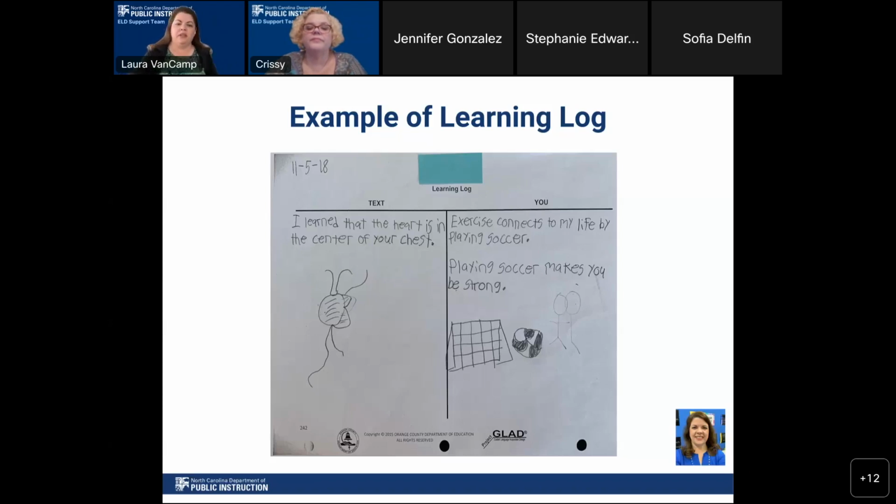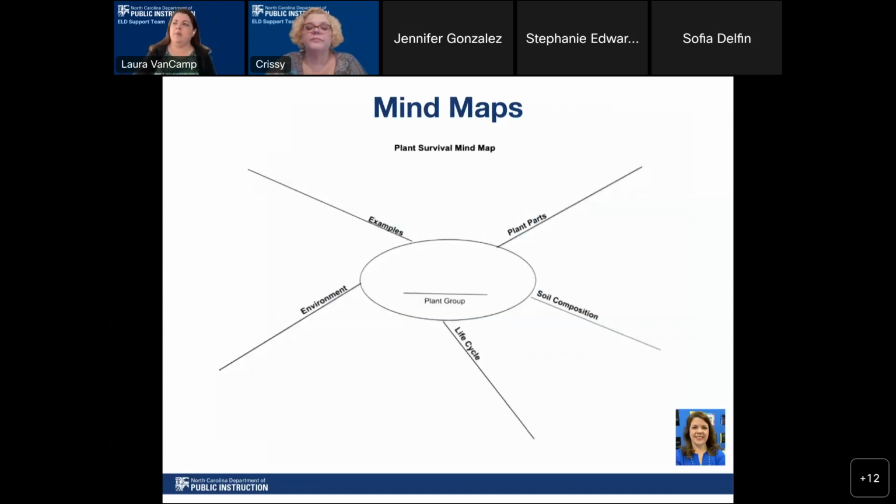The next strategy I want to talk to you about is the mind map. A lot of you that have done Learning Focused in the past know a lot about different types of graphic organizers like this. So there are bubble maps, and all different tree maps and flow maps. And this is just one map or graphic organizer that GLAD uses in order to transfer information.